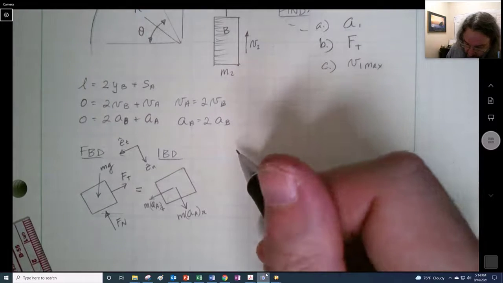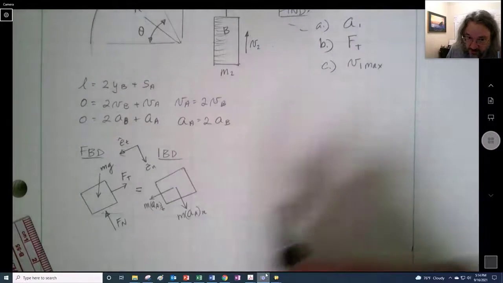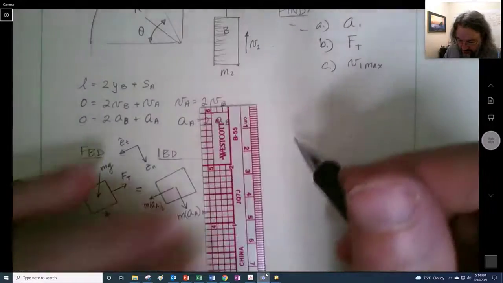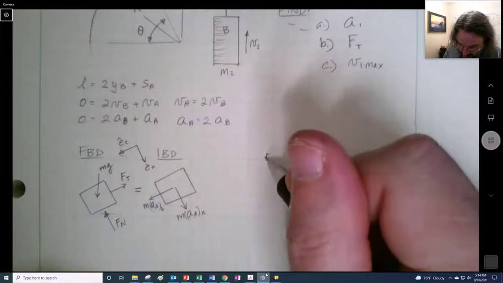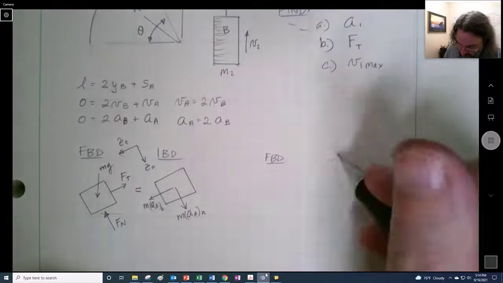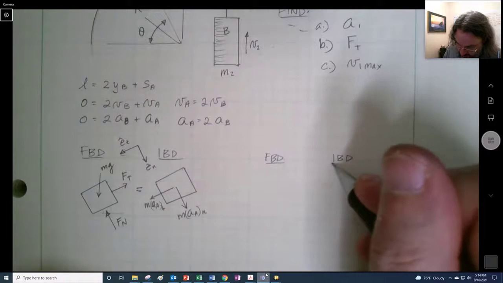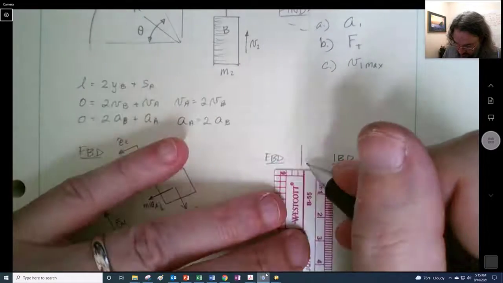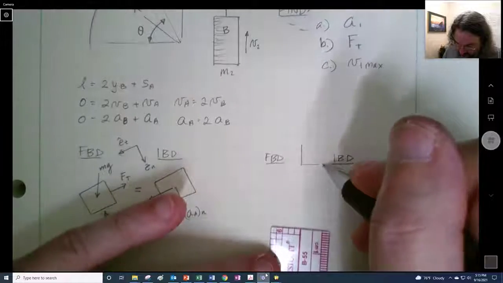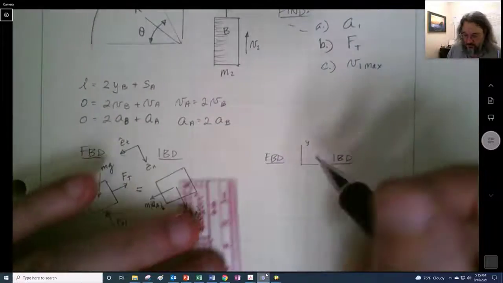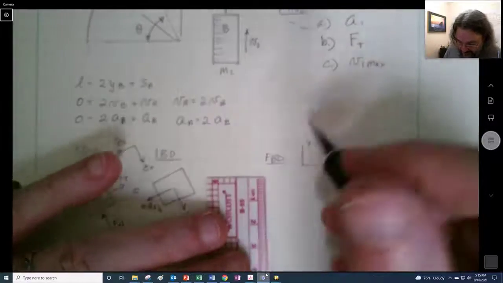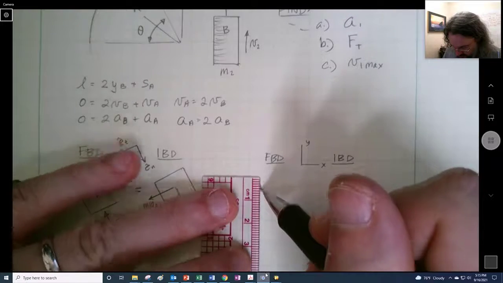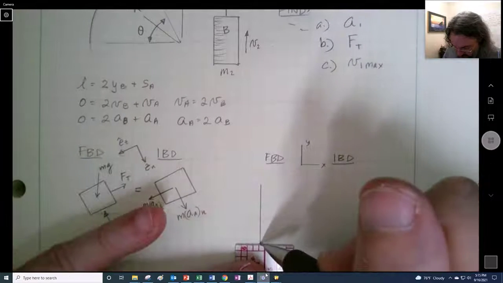Do I want to write out the equations over here or put the other figure? I'm going to put the other figure over here. So I'm going to go FBD and IBD. And in this case right here, good old X and Y are going to be fine. I don't know why I didn't use unit vectors there, but I hadn't before, so I'm not going to do it now. So let me put this guy in here.